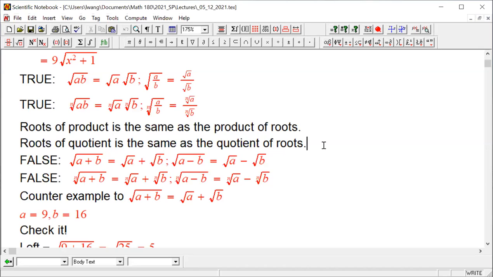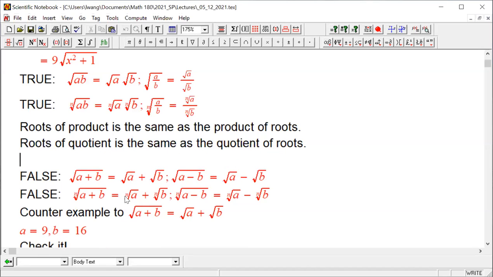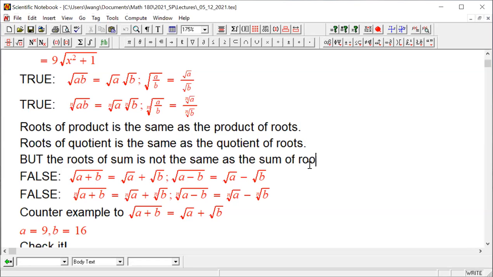But the root of a sum is not the same as the sum of roots. You follow me? The root of a sum is not the same as the sum of roots.